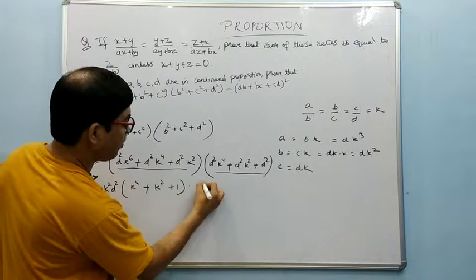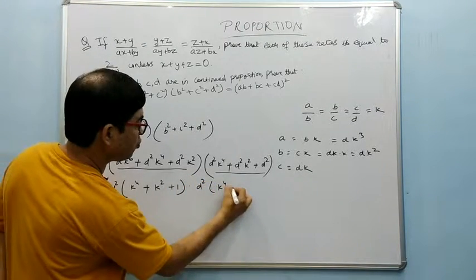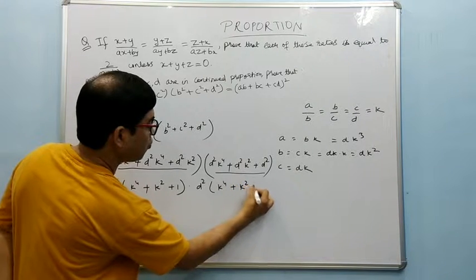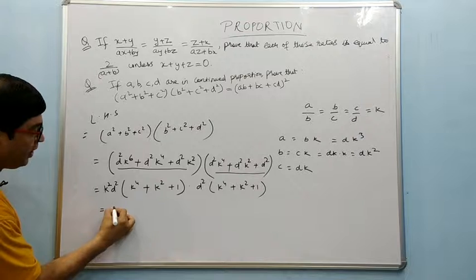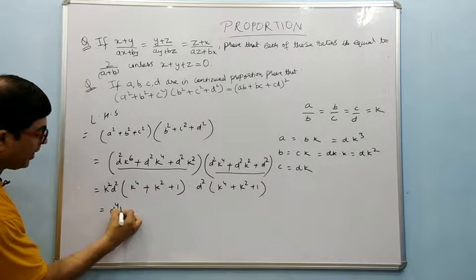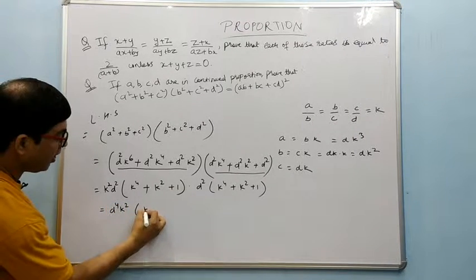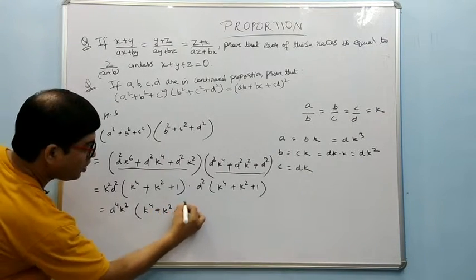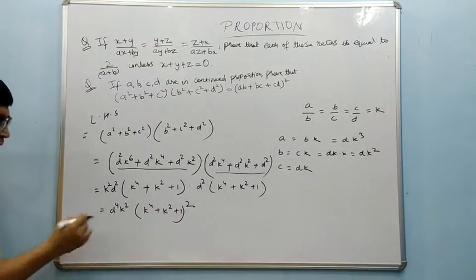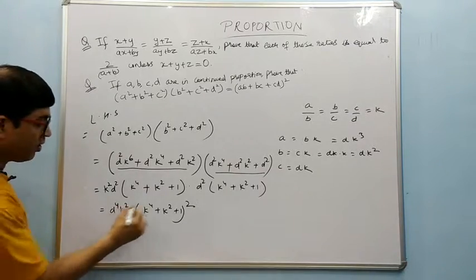And if I take d² common here, this is k⁴ + k² + 1. So ultimately it is coming out to be d⁴k²(k⁴ + k² + 1)². This is the LHS.